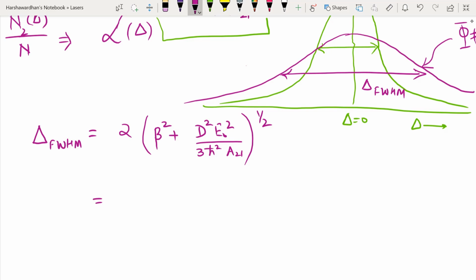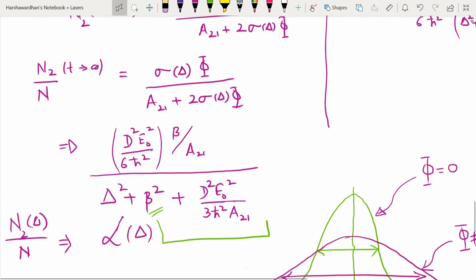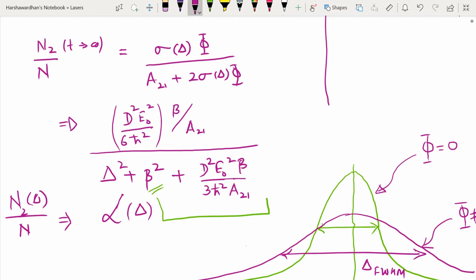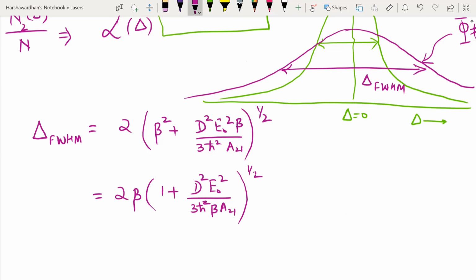And this I can rewrite in this form: 1 plus d square E naught square. I have missed a small factor of beta, so please correct it. I need to put a beta here, and there is a beta here as well. So this becomes my new Lorentzian, whose width now depends on the intensity of the applied field, E naught square. And this is the notion of power broadening.